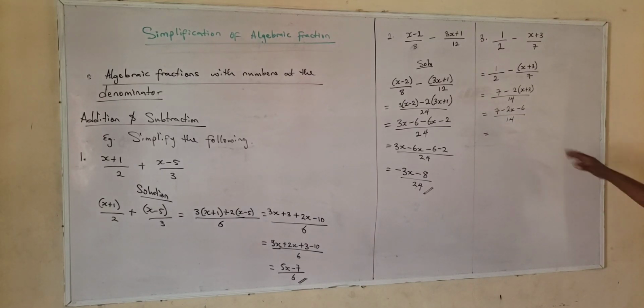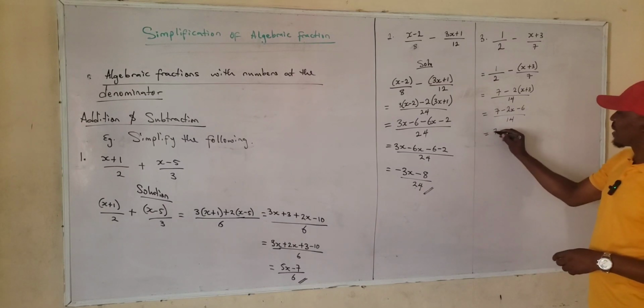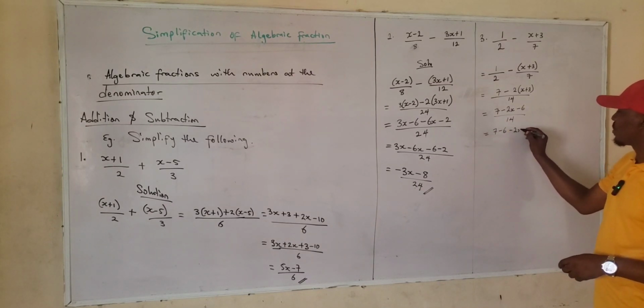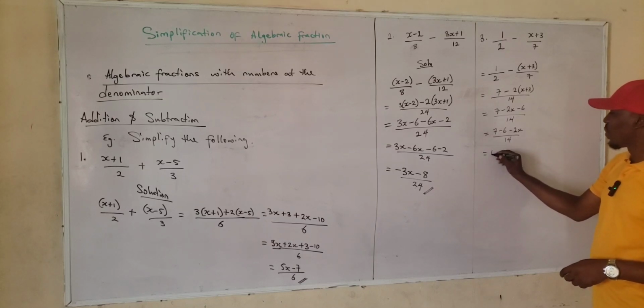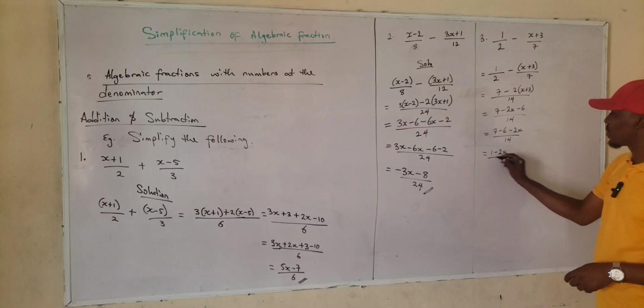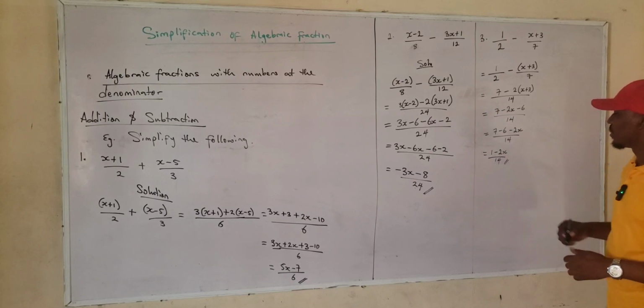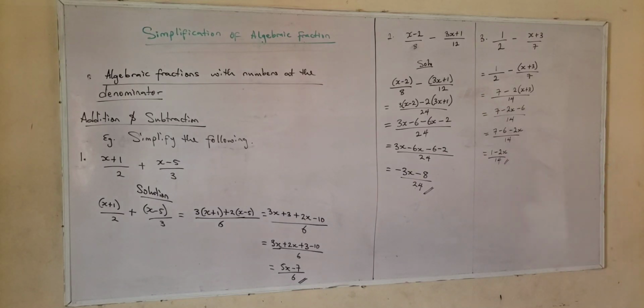Collecting like terms, that will give you 7 minus 6 minus 2s over 14. So that will give you 1 minus 2s over 14. Okay, so you can see it's not different from what we have been doing.